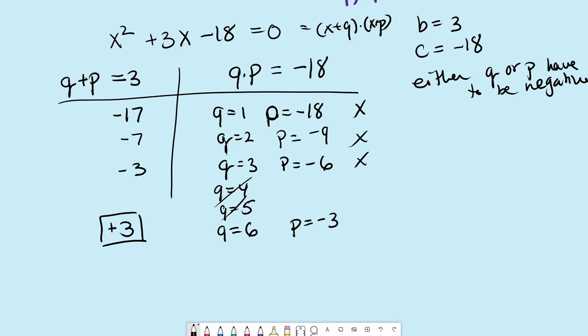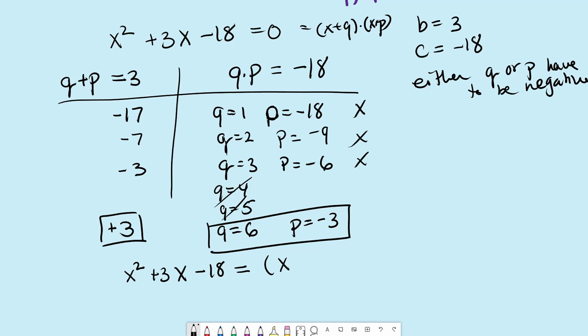Okay, so we finally found our two numbers, q and p, which can factor our equation. So we're saying now that x squared plus 3x minus 18 can also be written as x plus 6 times x plus negative 3, which is minus 3, and that equals 0.